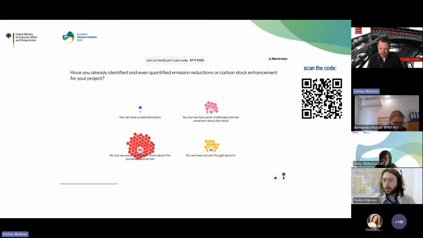So the majority, I think, would like to learn more. We also have a few projects that have already done the first estimation, but still have some challenges and some uncertainties. So maybe also today or in the next steps, we can help you to overcome these challenges and be more prepared to finalize the estimation.